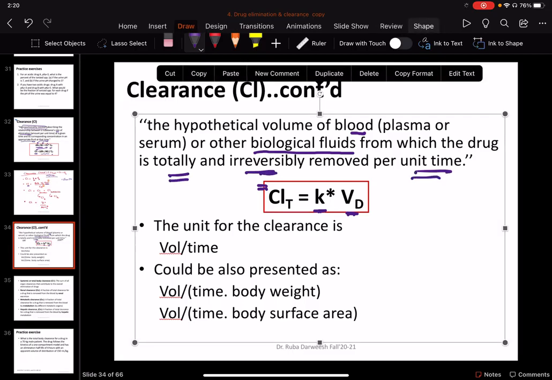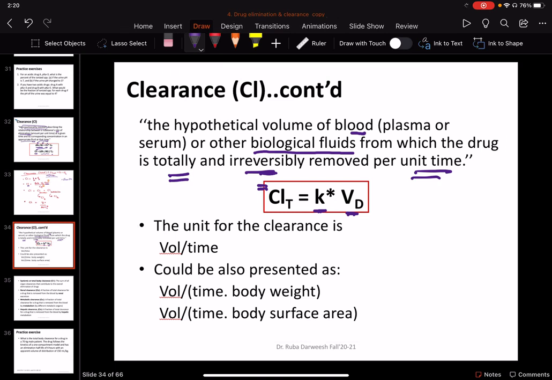And it's true because we mentioned that elimination is the irreversible loss of the drug, whether it is metabolism or excretion. And the unit is volume per time, and this won't be changing, but we are just adding here that it could be presented or normalized to the body weight or the body surface area, as in pediatrics.